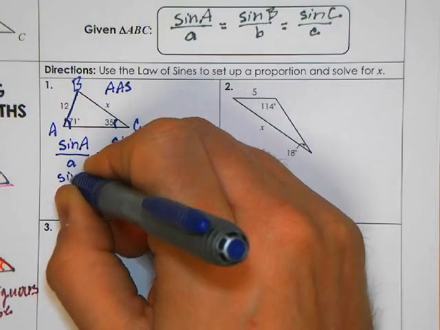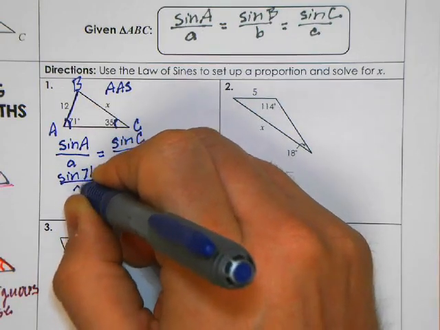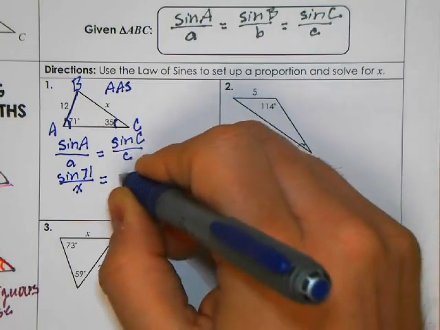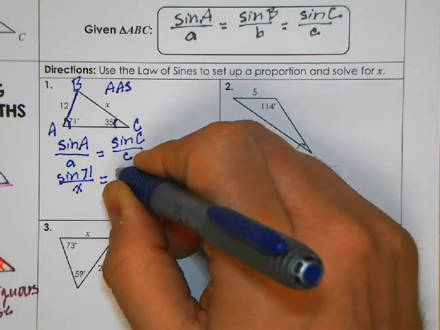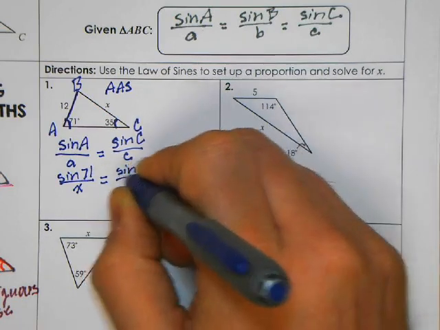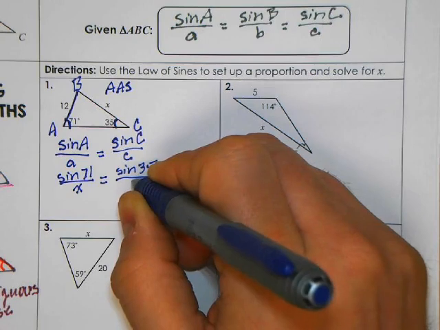So angle A is 71. Side A is what I don't know. That's what I'm looking for. Sine of angle C in this case will be sine of 35 over the side opposite of it, which in this case would be 12.